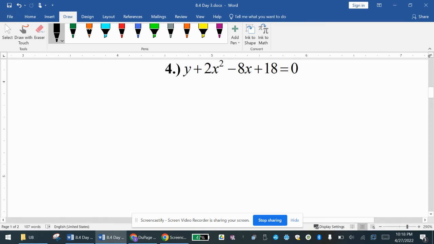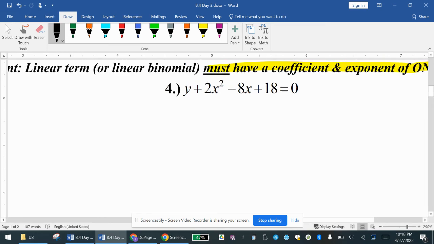All right, so essentially, guys, remember you want your quadratic terms on one side and your linear and constant terms on the other, but you want to keep the x's together and then the y's together. It really doesn't matter what side you move everything to.